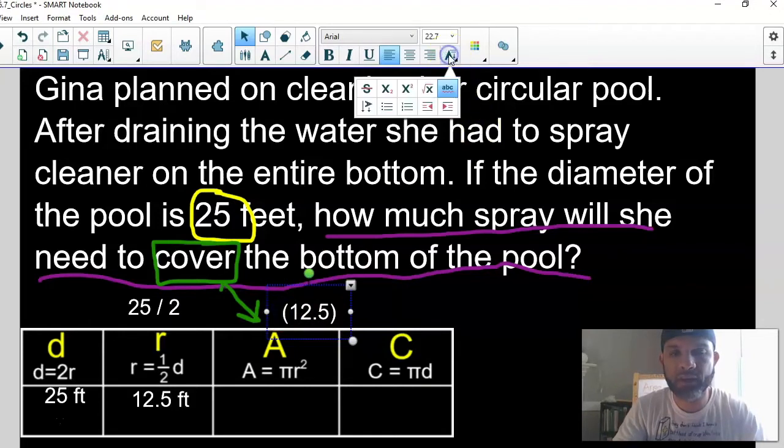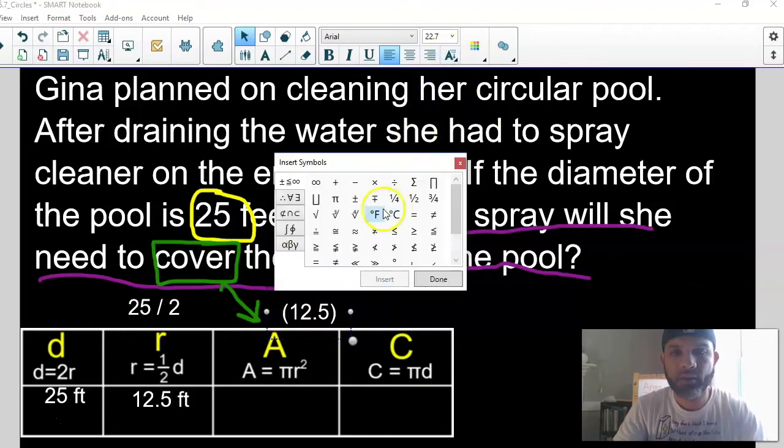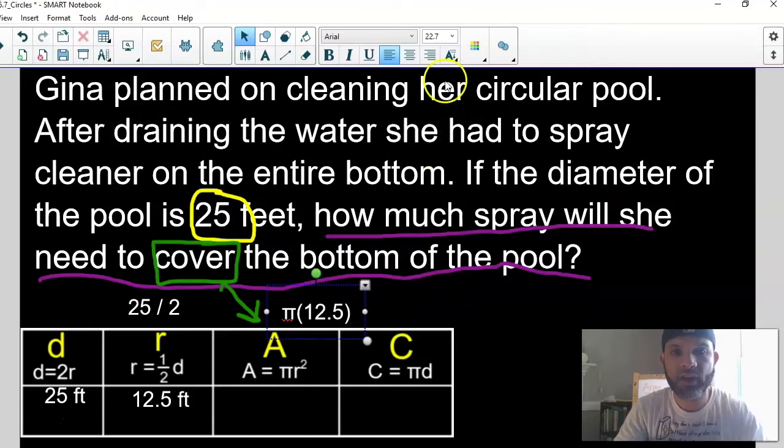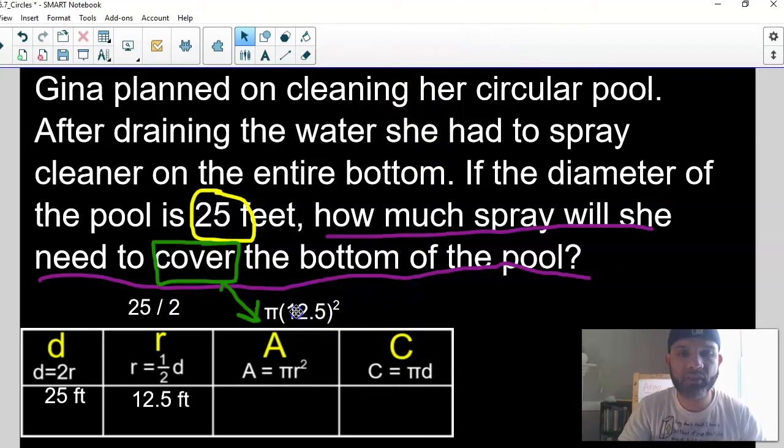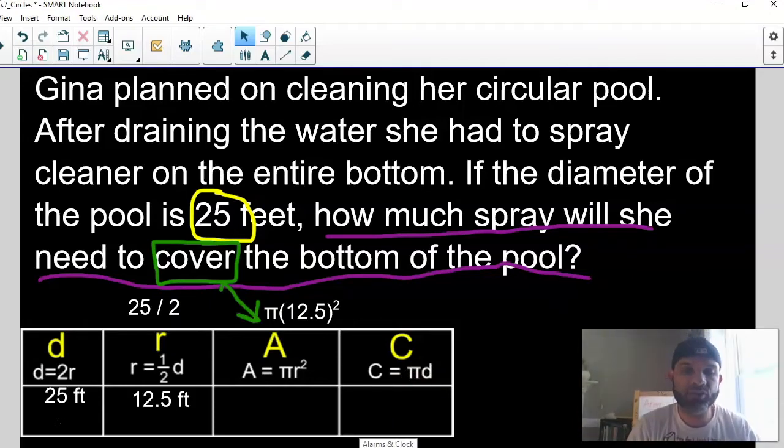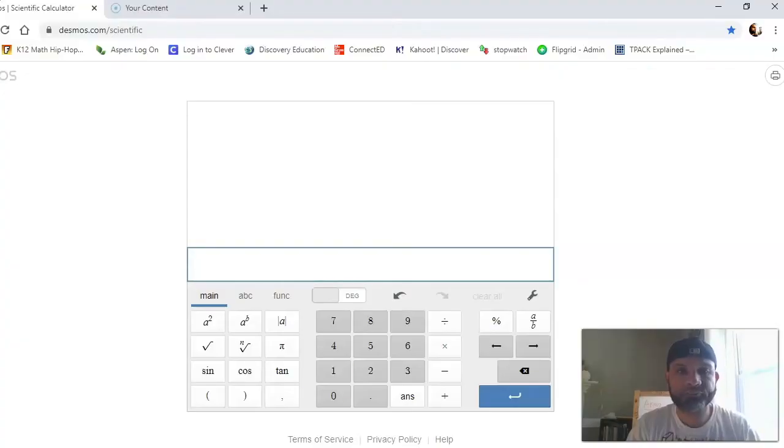Where's my pi button? Pi times 12.5 to the second power. So I have to have an exponent of 2. That's what my area is going to be. Pi times 12.5 squared.